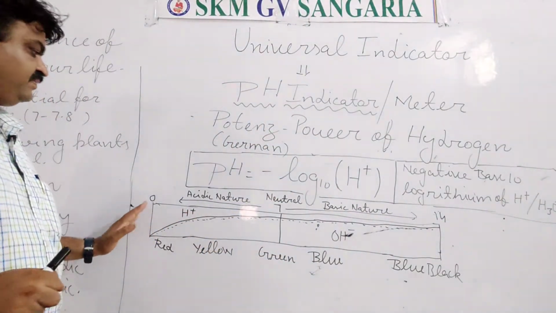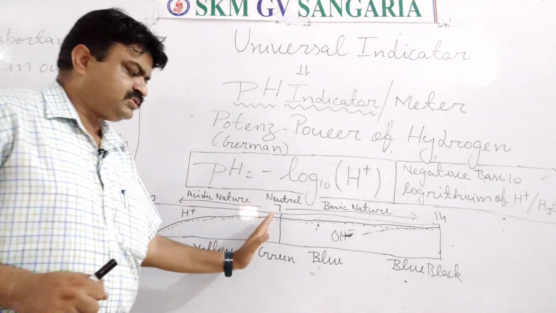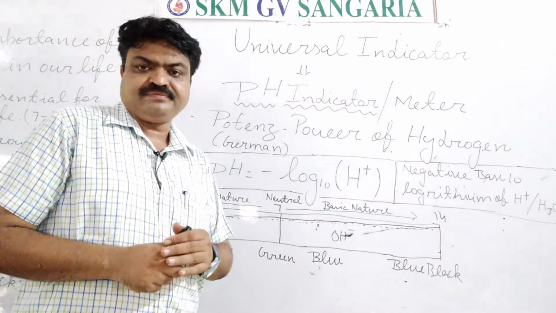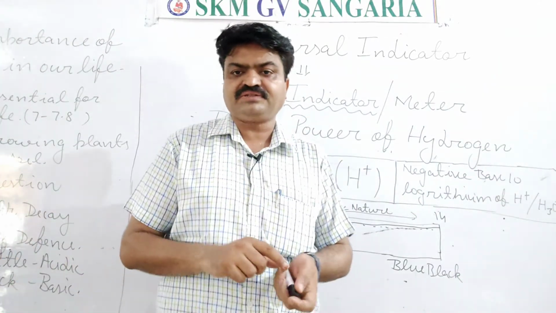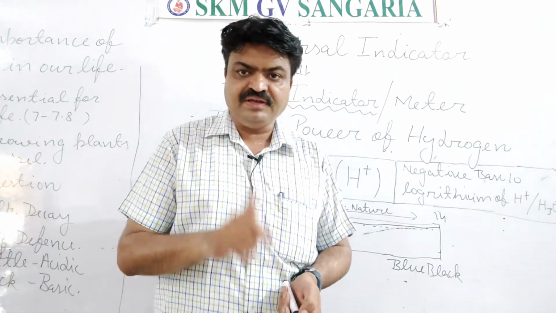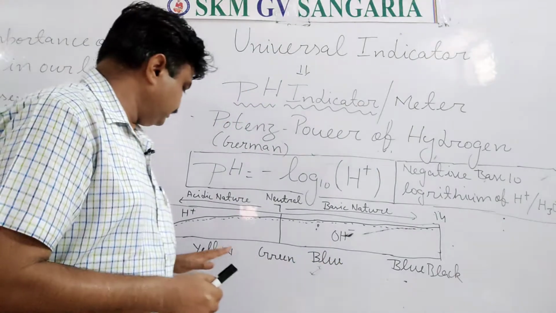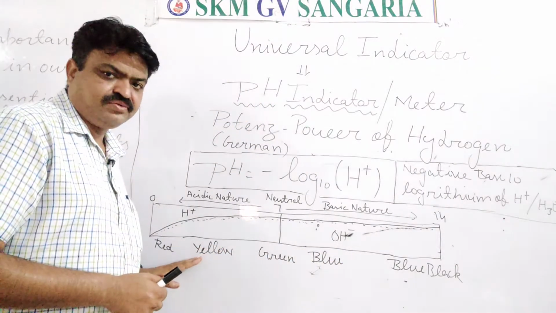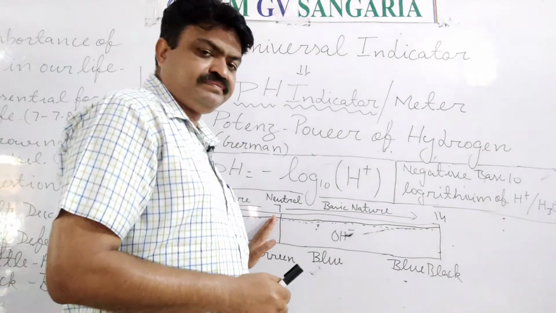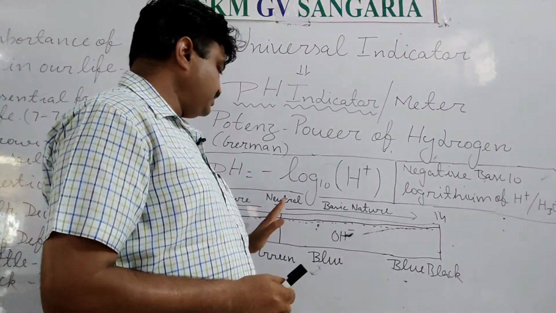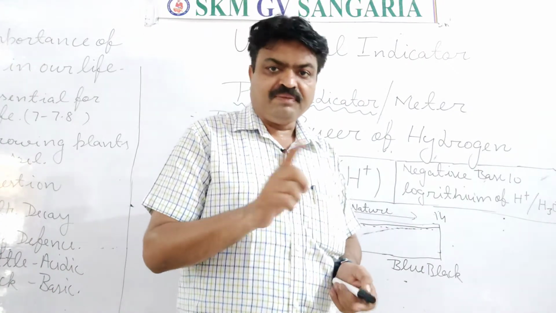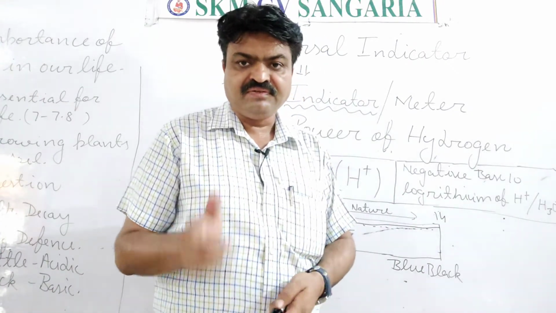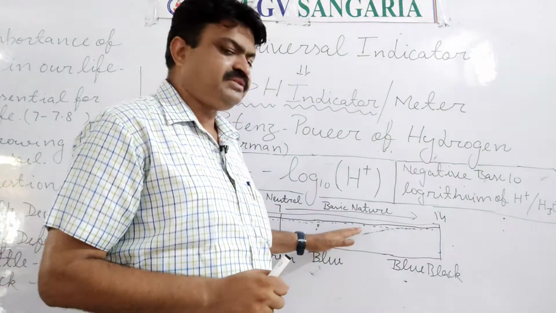Like if the pH is in between 0 to 6.9, it means the particular chemical substance is acidic in nature, student. If the pH is in between 7.1 to 14, it means the particular chemical substance is basic in nature.